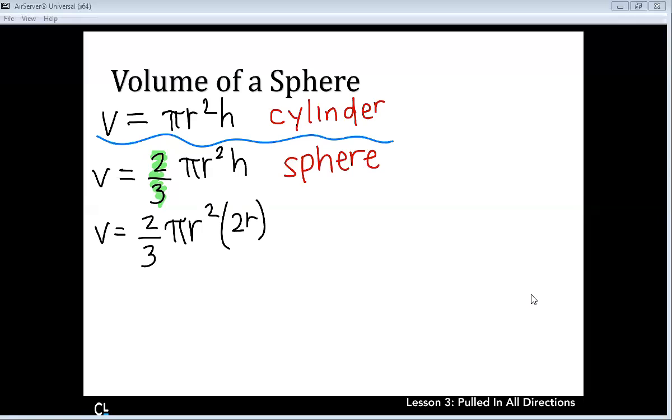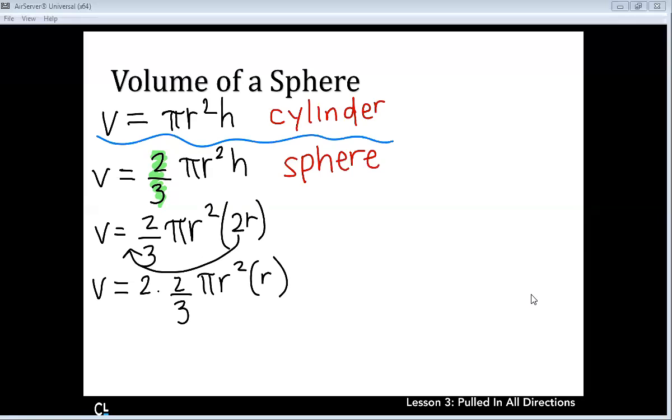And following mathematical conventions, we are going to bring the 2 to the front of the term and then simplify the r squared times r as r cubed. So we're going to take this 2 and bring it here. So that's 2 times 2/3 pi r squared, and what we're left with is r once we move the 2.